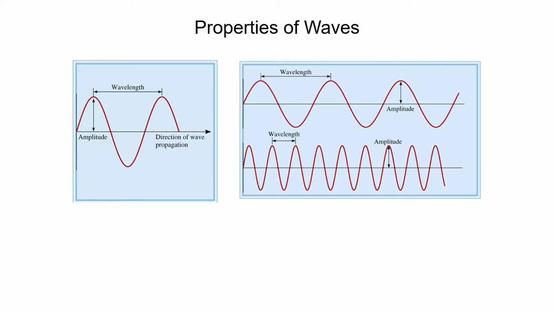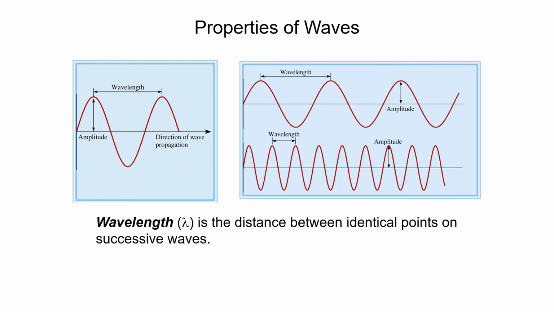Two of the wave properties are shown here, wavelength and amplitude. We'll look at the third in the next slide. So wavelength is the distance between identical points on successive waves, and it is represented by the Greek letter lambda, which is this right here.